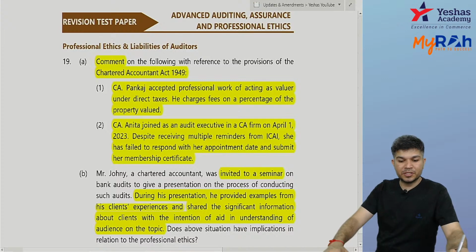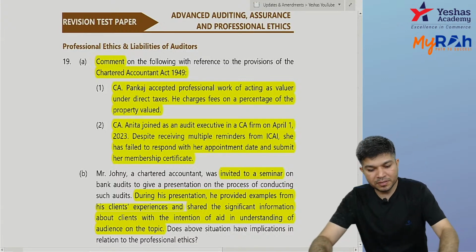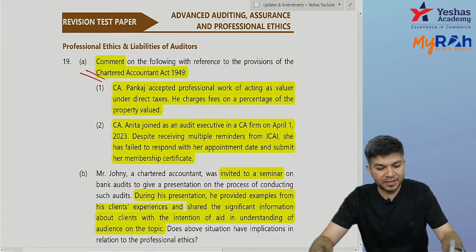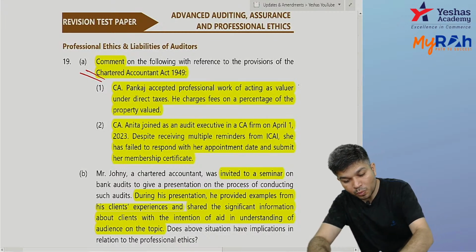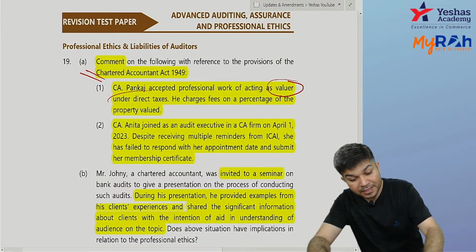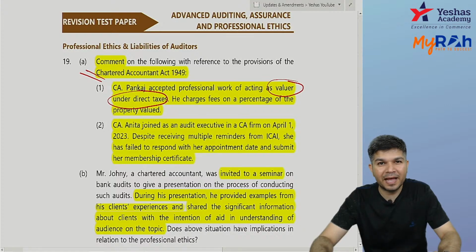Okay, going to question number 19, we are required to answer as per the Chartered Accountants Act, the Professional Ethics chapter. CA Pankaj accepted professional work for acting as a valuer under direct tax. Can he charge fees on a percentage basis?